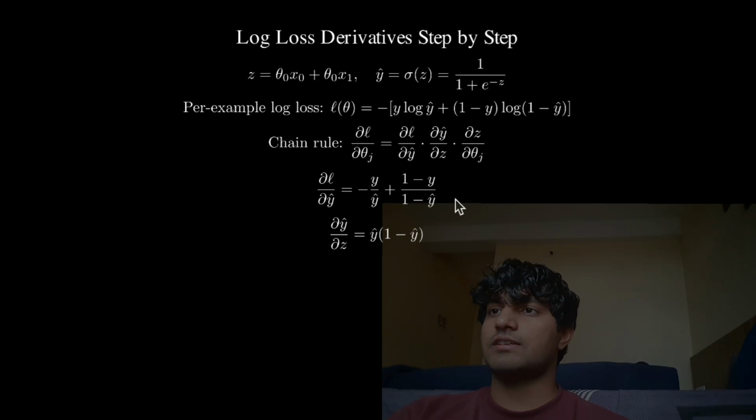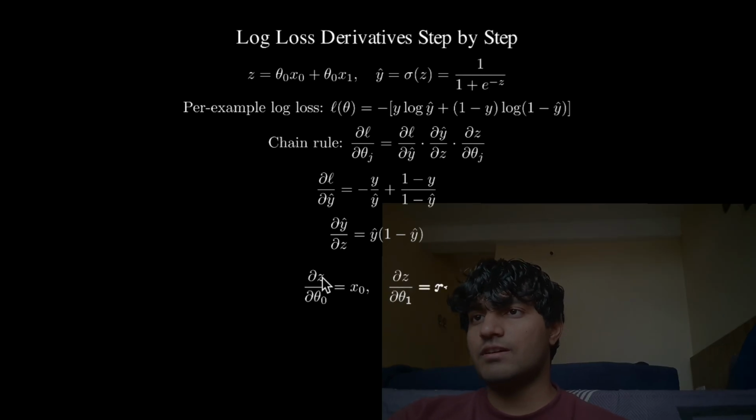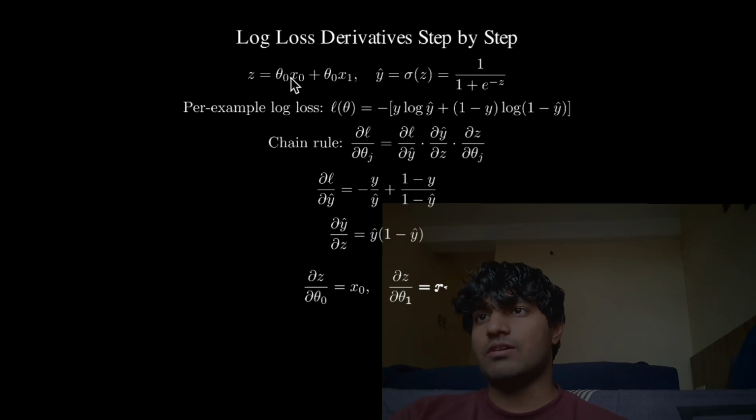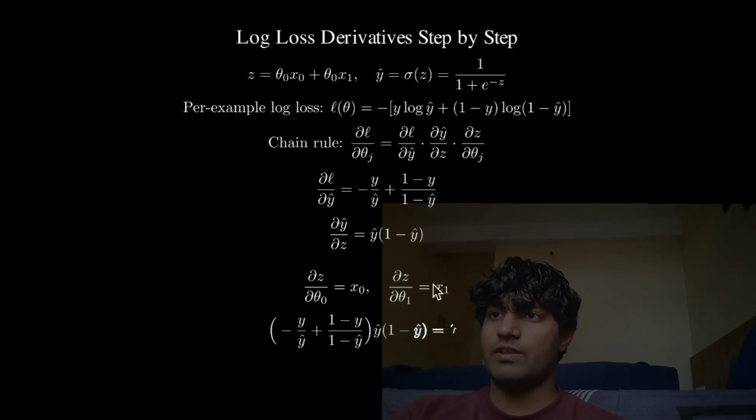In the last step, if I differentiate the z function with respect to theta, for theta 0 it will be x0, because the other term becomes a constant. And again for theta 1 it will be x1, with the rest being constant.